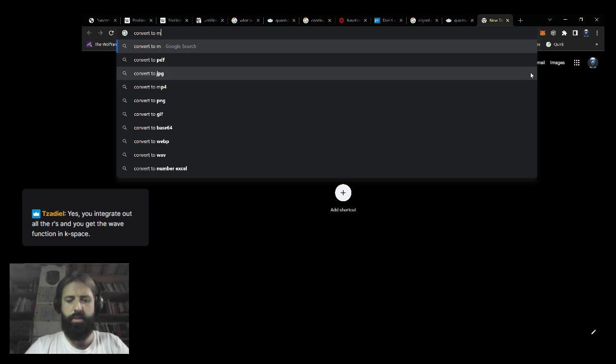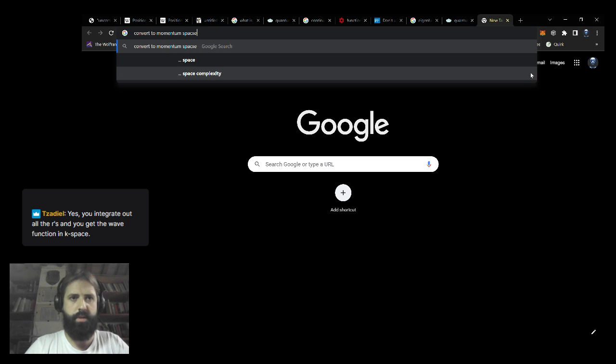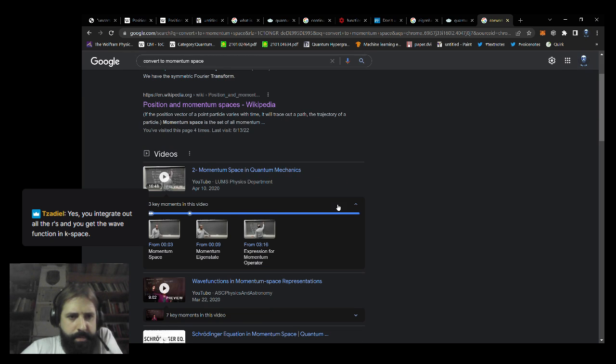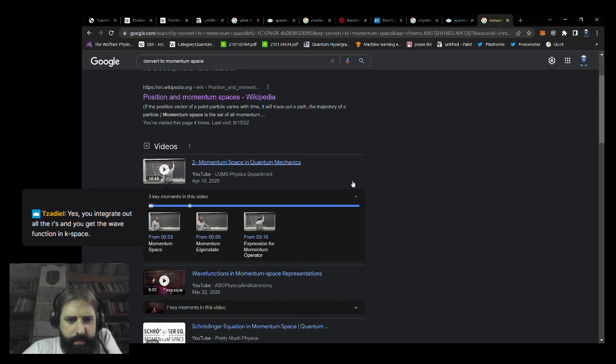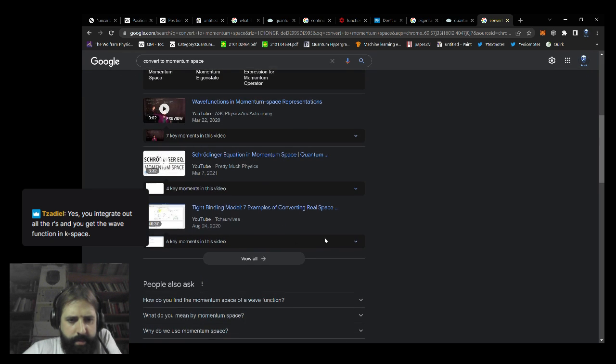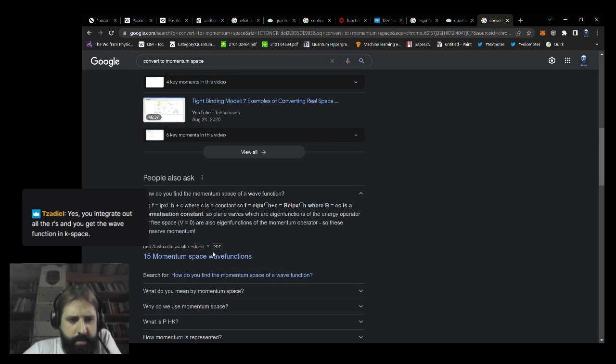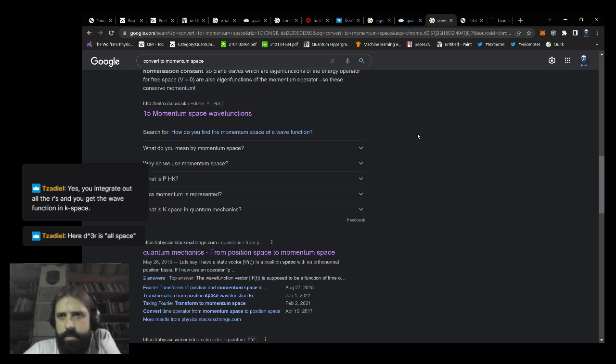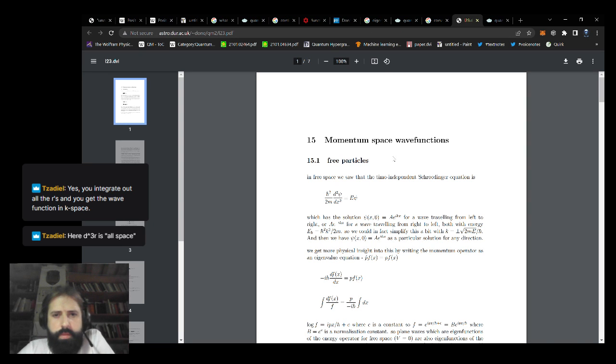Convert to momentum space. Momentum space wave functions.